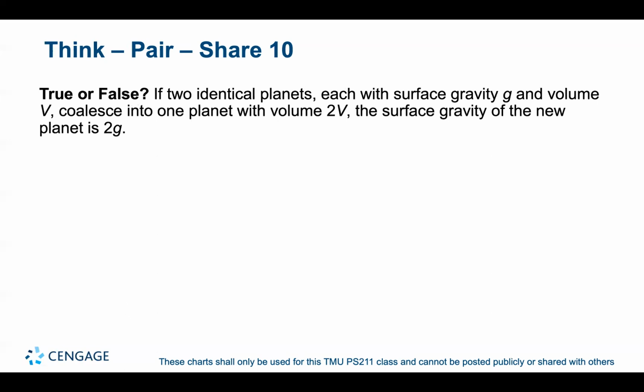True or false? If 2 identical planets, each with surface gravity g and volume v, coalesce into one planet with a volume 2v, the surface gravity of the new planet is 2g. The answer is false. The acceleration of gravity on a mass m on the surface of a planet with volume v is g. We have the general equation for gravity.